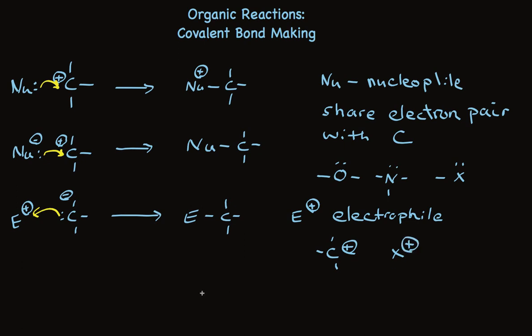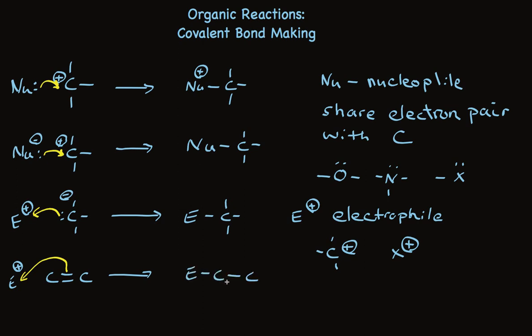And we could picture, and this happens for carbon commonly, even a neutral carbon-carbon double bond reacting with an electrophile. So a pair of the electrons in the double bond, the pi electrons, go from the pi bond to the electrophile, and that pair of electrons is used to make a covalent bond with carbon.